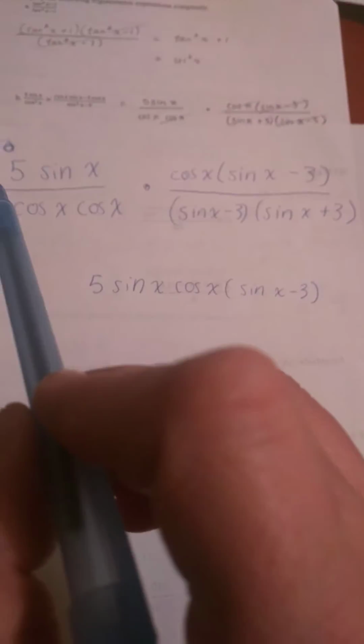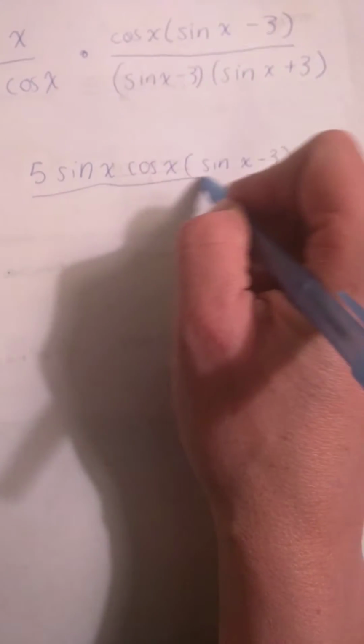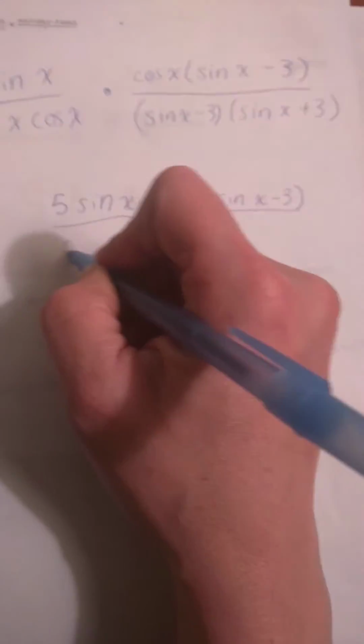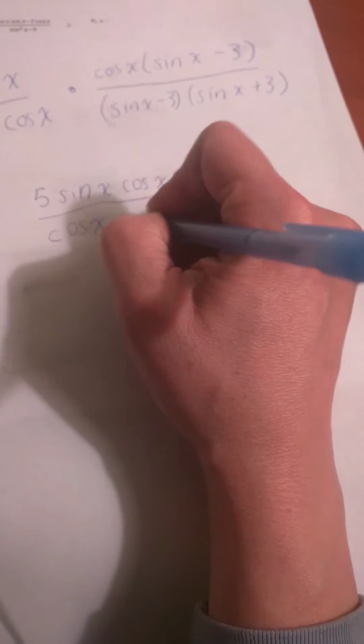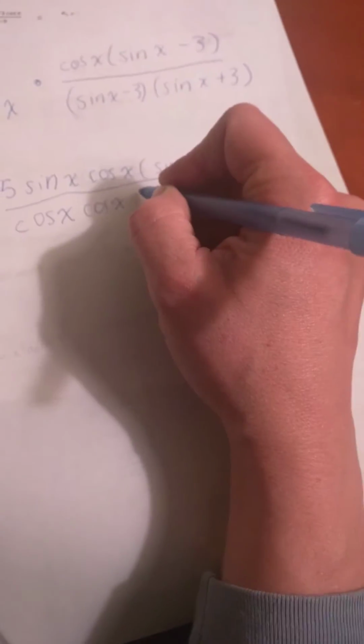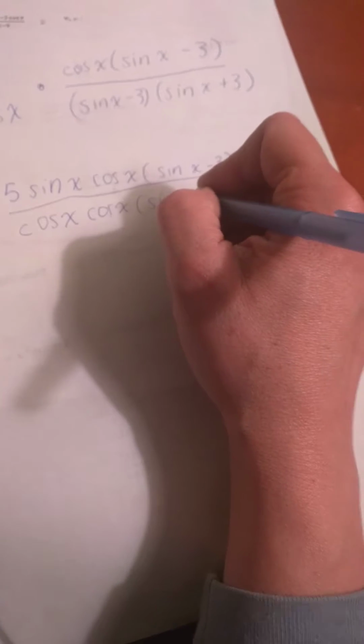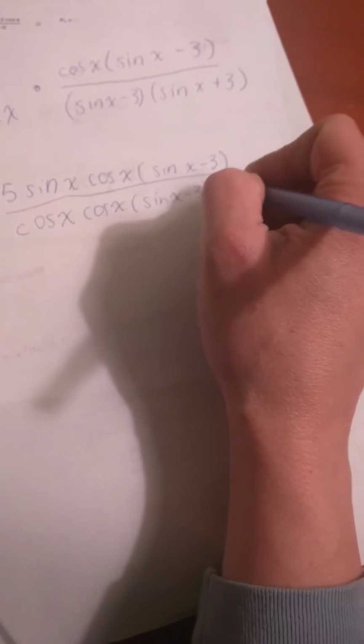Right, because when we multiply rational expressions, we multiply every factor that's in the numerator and write it over the product of every factor in the denominator. Okay.